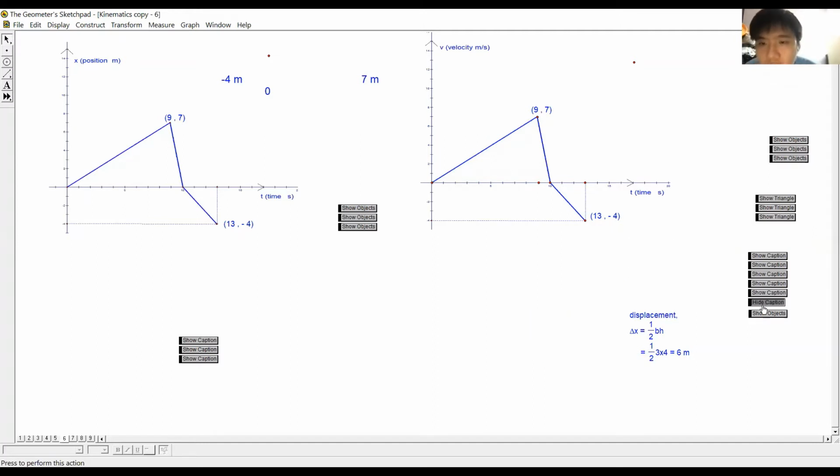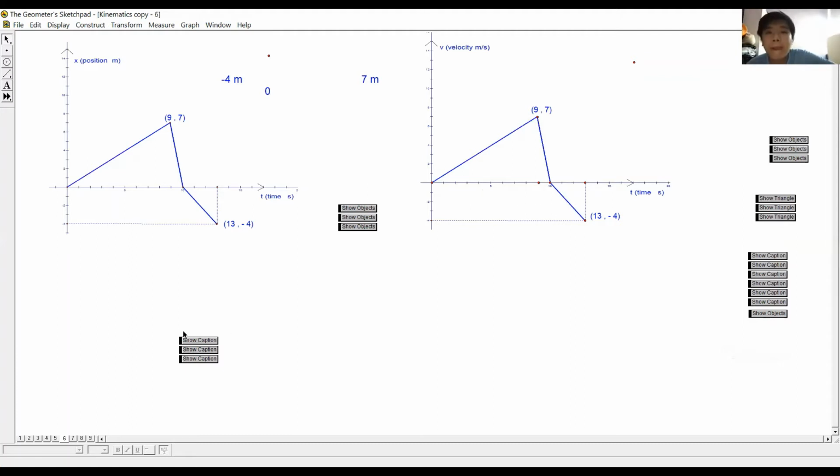If the line is below the x-axis, what does that mean? Negative. For a displacement time graph, the displacement is negative. For a velocity time graph, the velocity is negative.